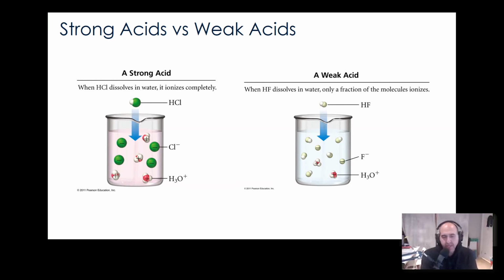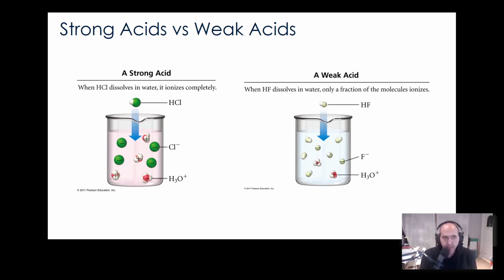Just a reminder that the difference between strong acids and weak acids has nothing to do with concentration, but everything to do with ionization. Strong acids like hydrochloric acid in the picture ionize completely when we put them in solution. So when I take hydrogen chloride, which is a covalent gas, and bubble it through water, it dissolves and I get H plus and Cl minus, or H3O plus.